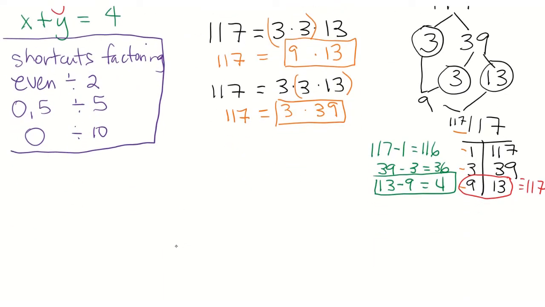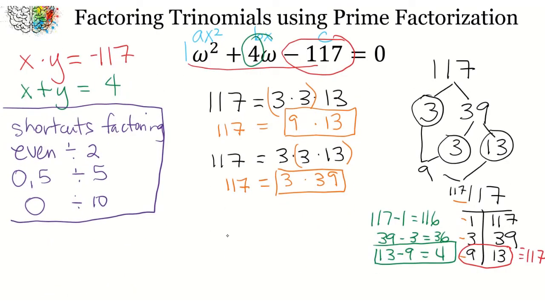So now I've got my negative 9 and 13. So now I have my original equation, which was w squared plus 4w minus 117.